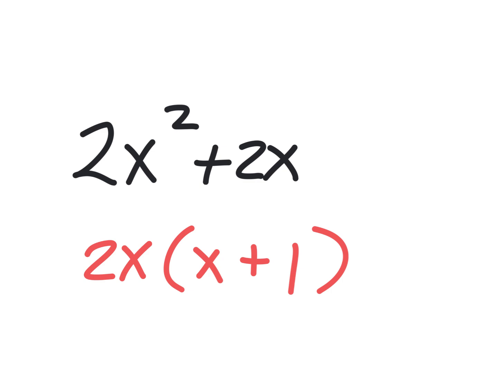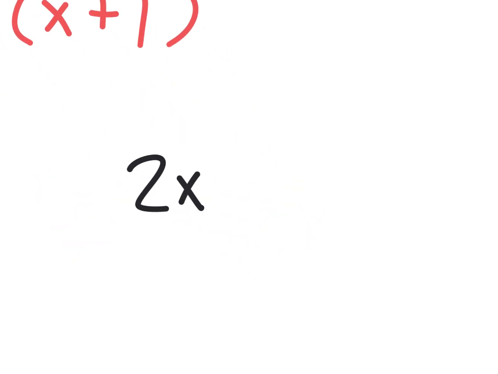Next one. 2x squared minus 9x minus 18. Did you even look to see if there was anything that could be factored out of all of them?